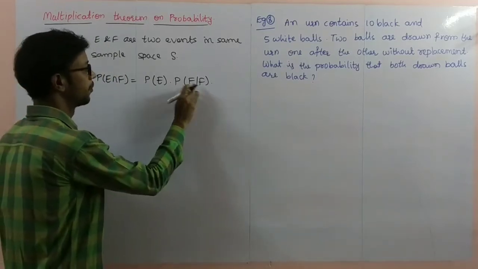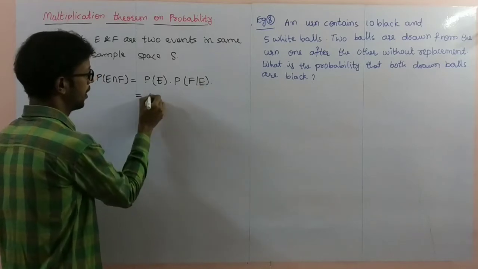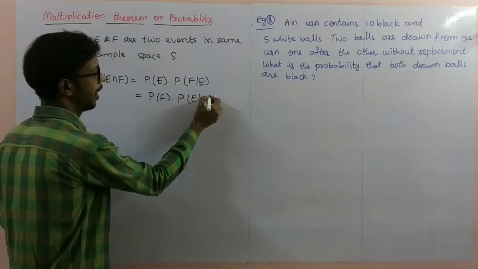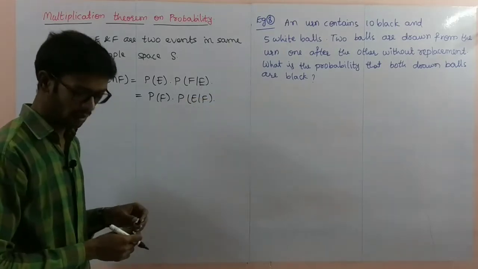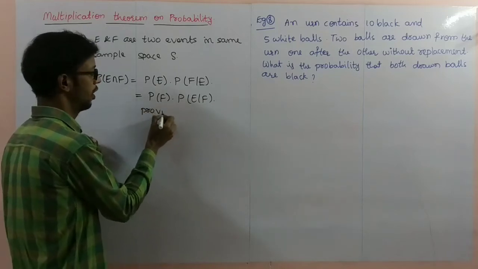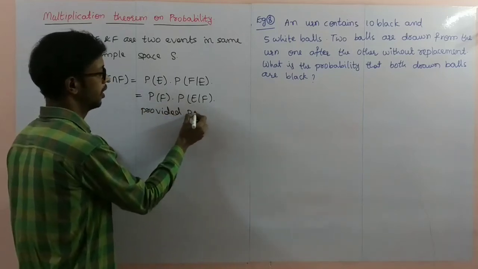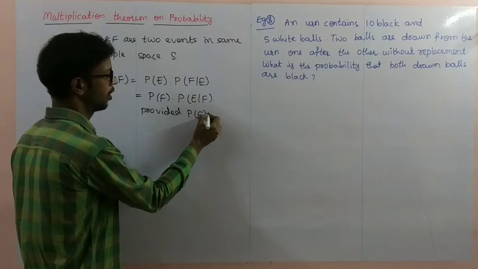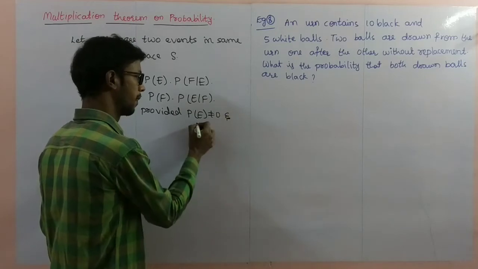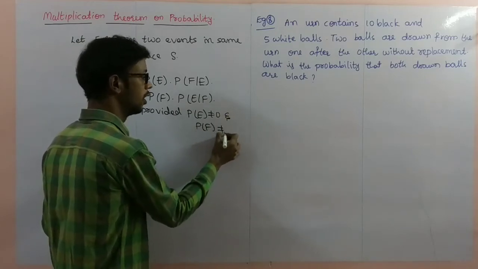or probability of F into probability of E by F, provided probability of E is not equal to 0 and probability of F is not equal to 0.